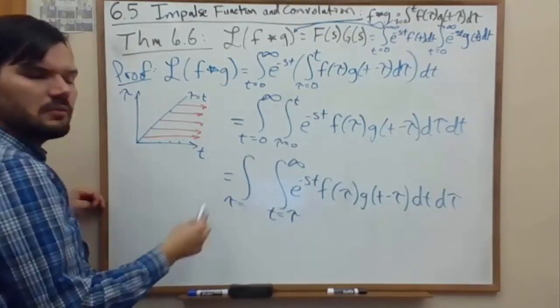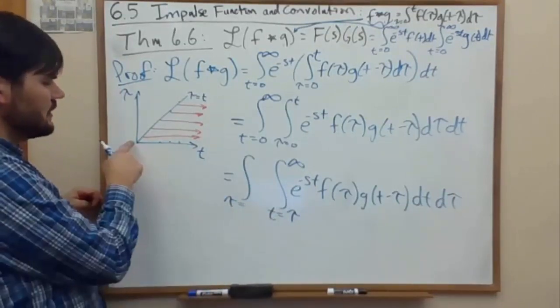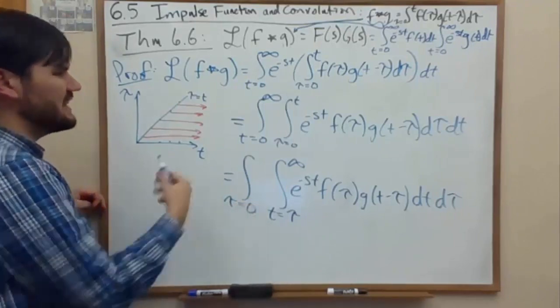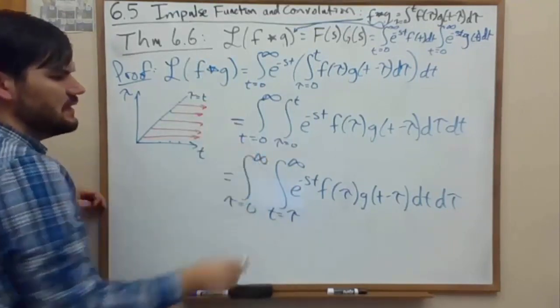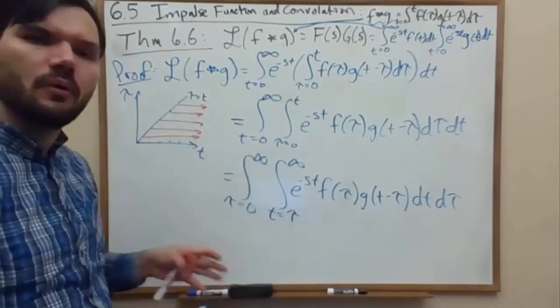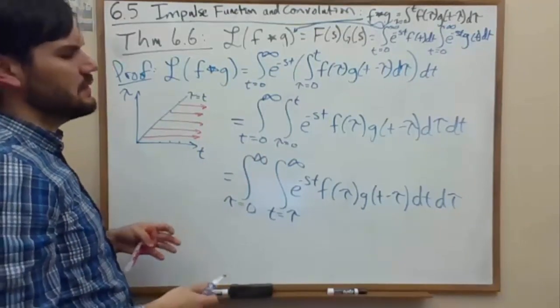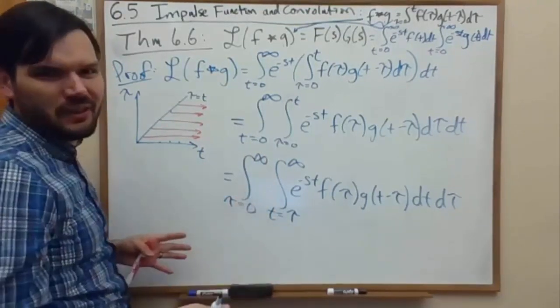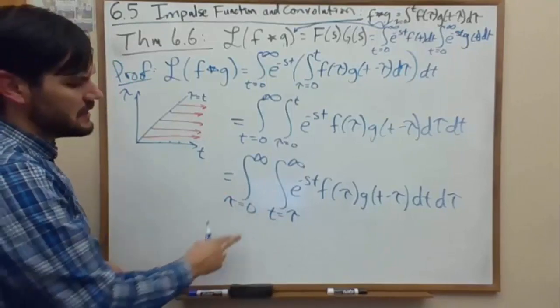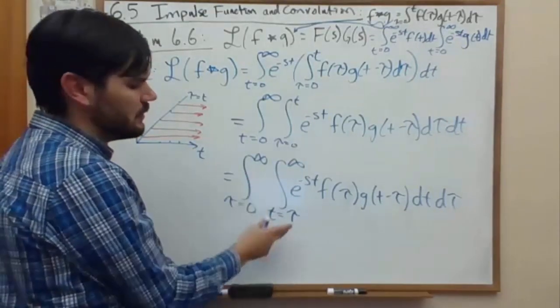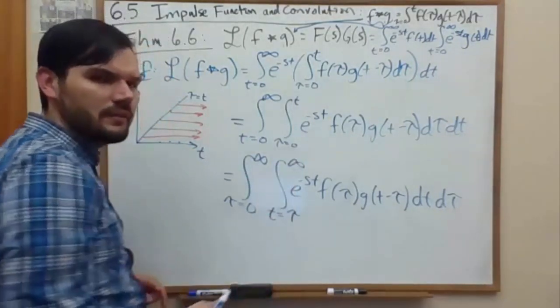And then tau, we'll look at the extreme values. The lowest value is 0 and the highest value is infinity. Now we have that infinity in both integrals. The main difference in the limits is that we have one going from 0 to infinity and one going from tau to infinity.